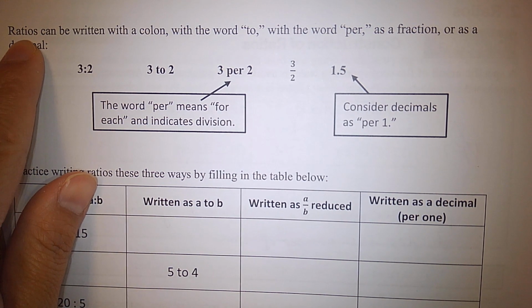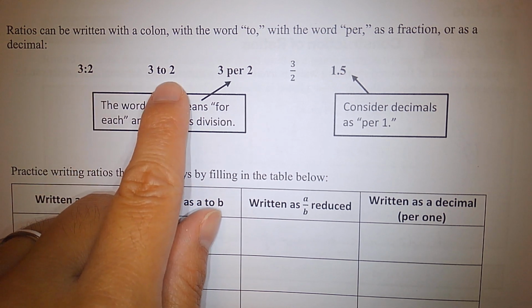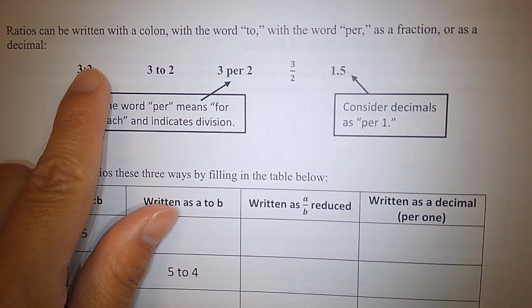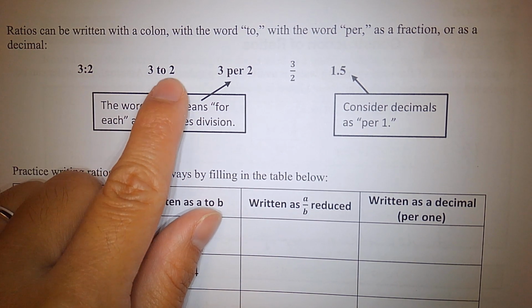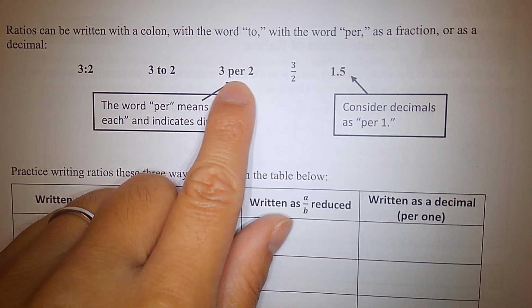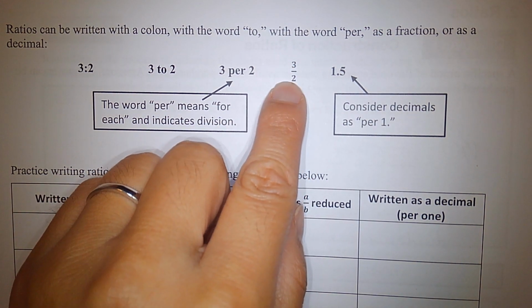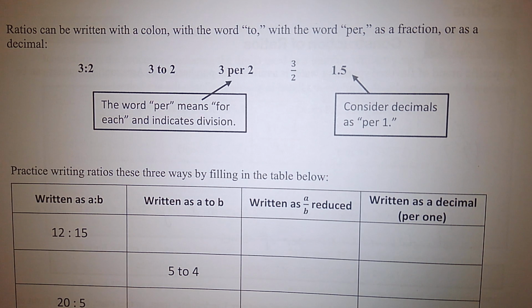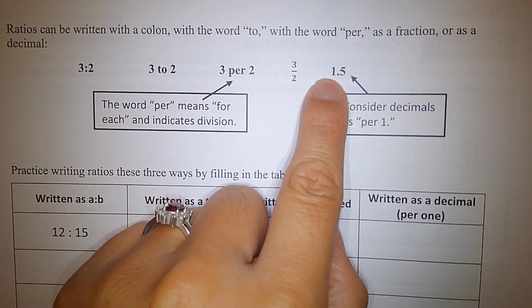Because a ratio is a comparison of two quantities, we can use different ways to describe the ratio. So we can say 3:2, or 3 to 2, or use a fraction, 3/2, or use a decimal. What is 3 divided by 2 as a decimal number? 1.5.